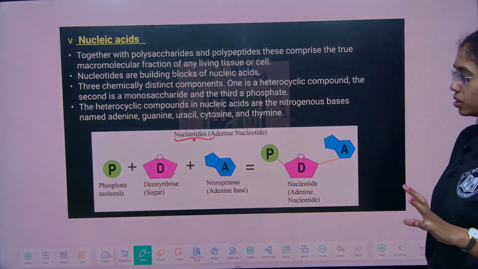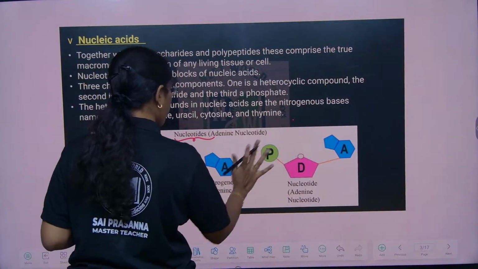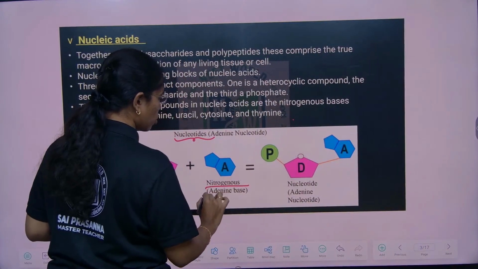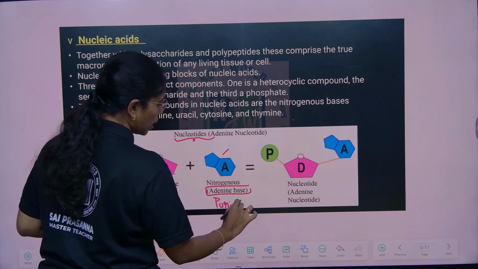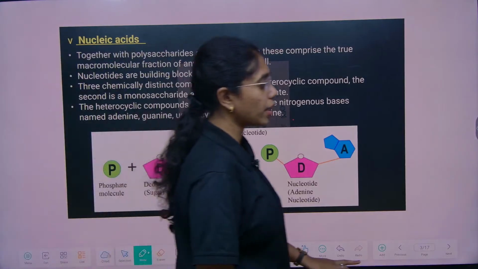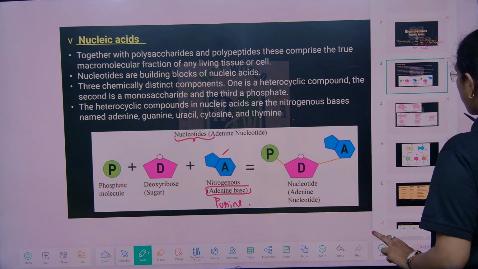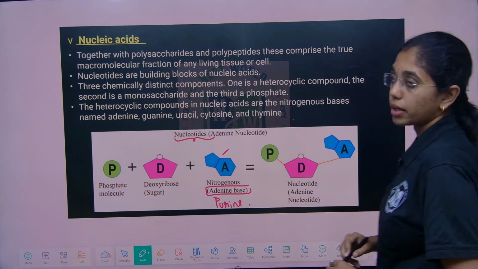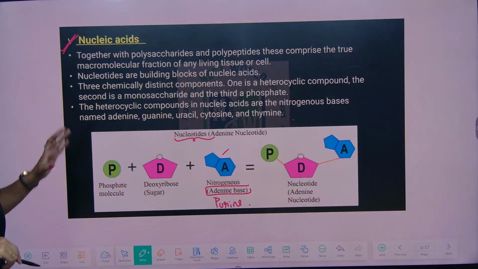Introduction of nucleic acids. Here we have taken one example, taking adenine nitrogen base, which is heterocyclic, this is a purine, and deoxyribose sugar. Let us also go through the intro.